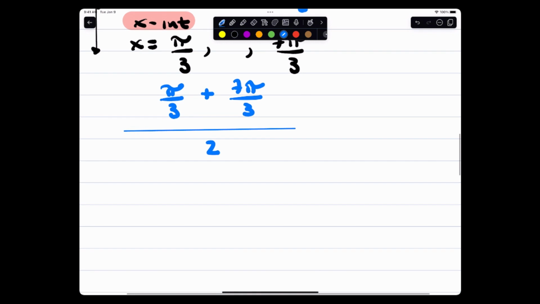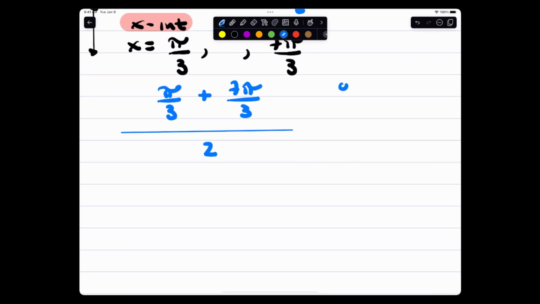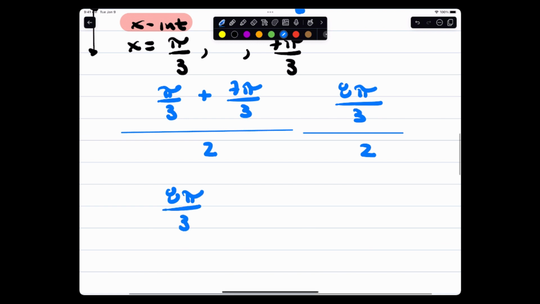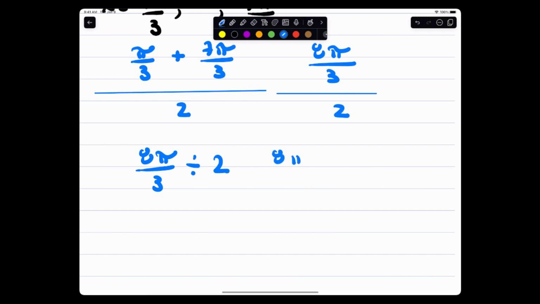What's pi over 3 plus 7 pi over 3? 8 pi over 3 divided by 2. And then we have what? 8 pi over 3 divided by 2. And then 8 pi over 3 times what? 1/2.